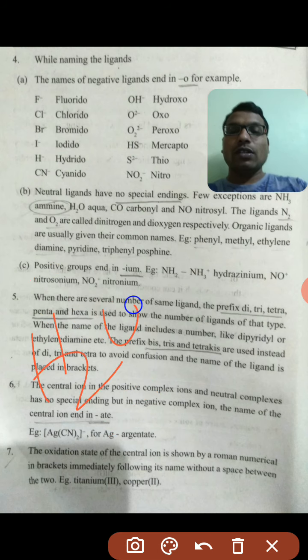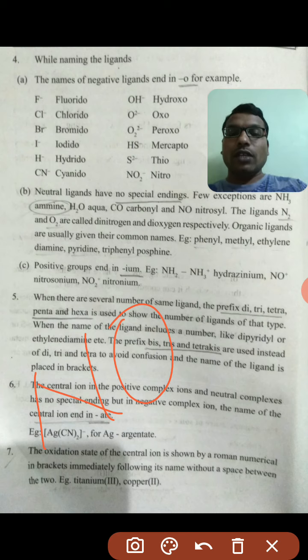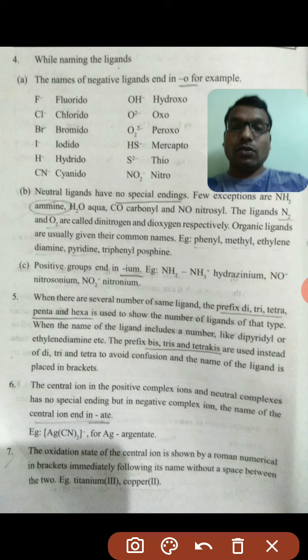H2O we call aqua. CO is carbonyl. NO is nitrosyl. These all come under neutral ligands. The neutral ligands have no special endings.